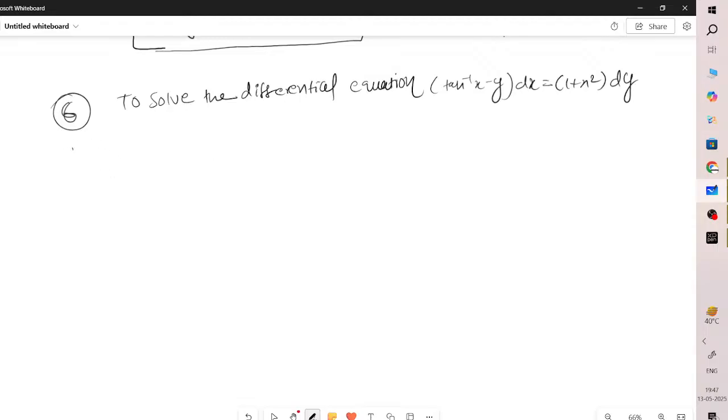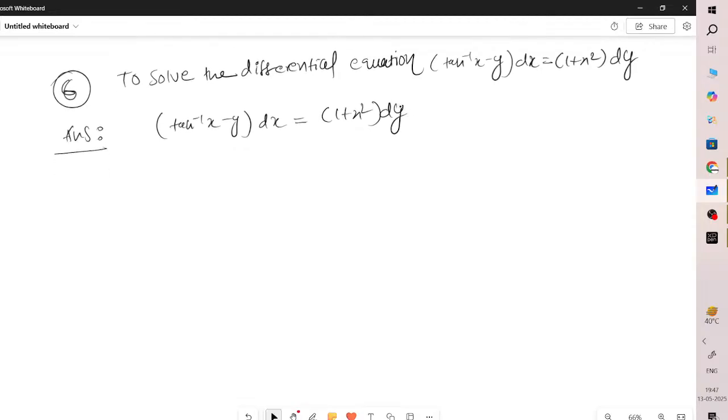Again we separate the variables in this question. The given equation is (tan inverse x minus y) dx equals (1 plus x square) dy. Now we do variable separation.